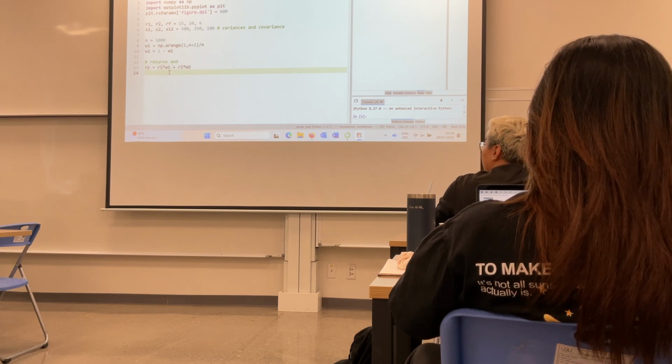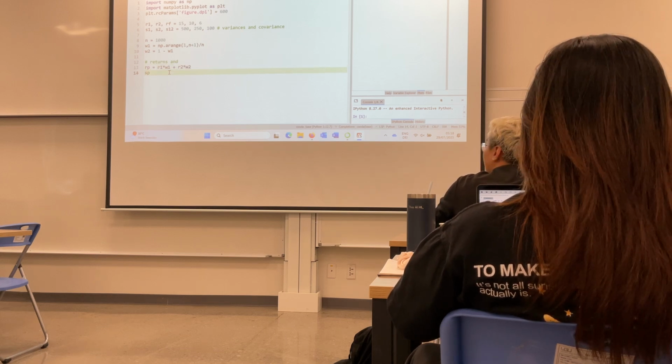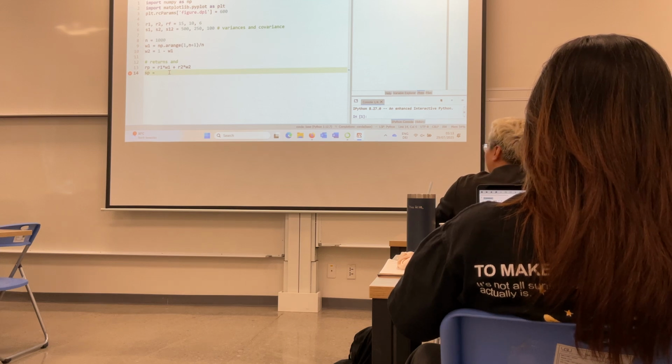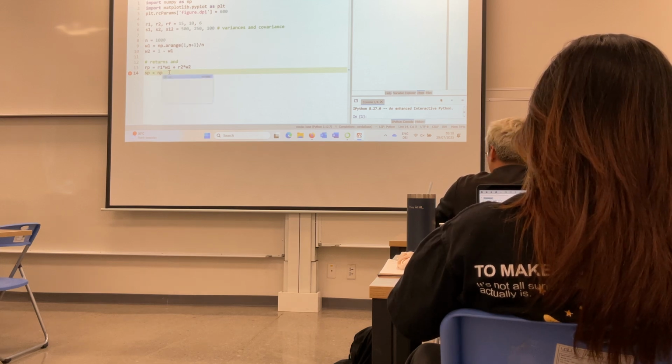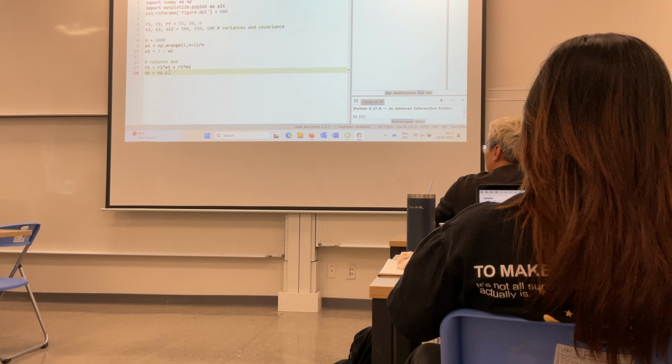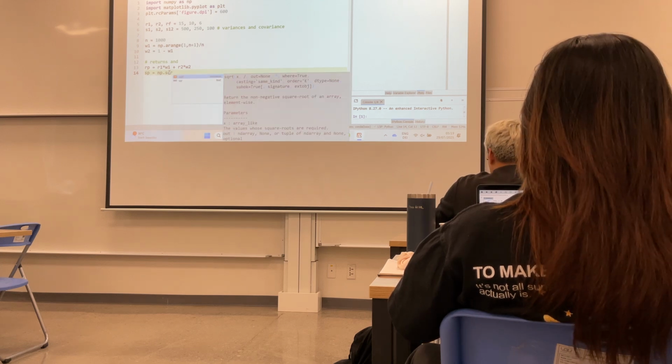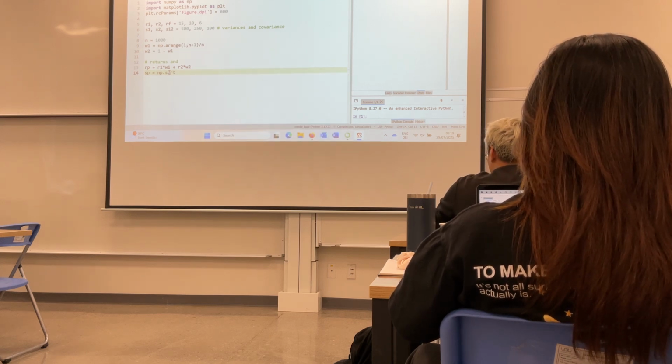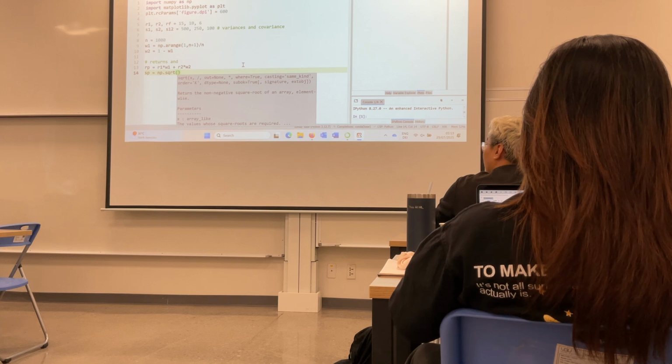Alright, so let's calculate the standard deviation. I call it not sigma squared, but the standard deviation. So that will be np.sqrt. I'm not looking at the variance, but rather the standard deviation.